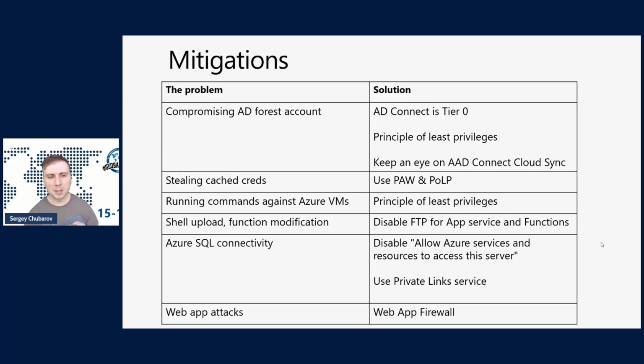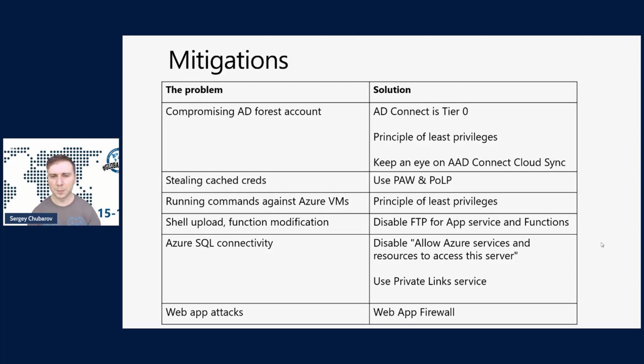Next one, when I stole credentials from a workstation. Here, the primary thing you should do, if you can, of course, is use what's called a PAW, or Privileged Access Workstation. That's a separate workstation with separate policies, which is used only to administer services.